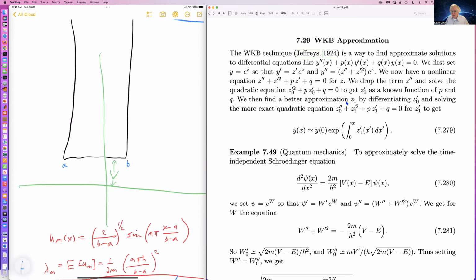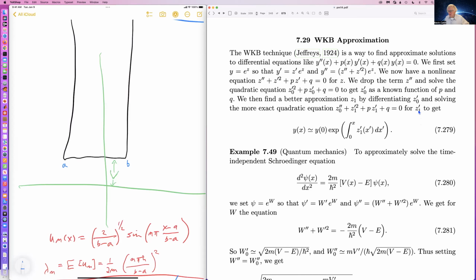And at this point, then, we've got another quadratic equation. Here we had a quadratic equation for z0 prime. Now we have a quadratic equation for z1 prime in terms of z0 double prime, which we solved with a previous approximation. So then we solve for z1 prime, and then we integrate it.